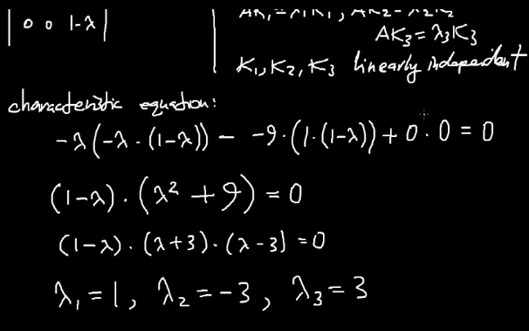It turns out that we can, because it turns out that if there are 3 different eigenvalues for a 3 by 3 matrix, then the corresponding eigenvectors are all linearly independent.